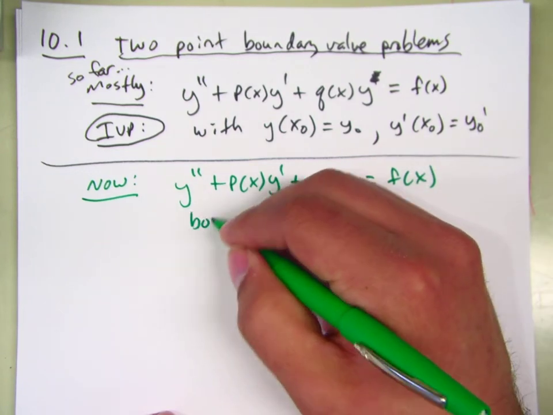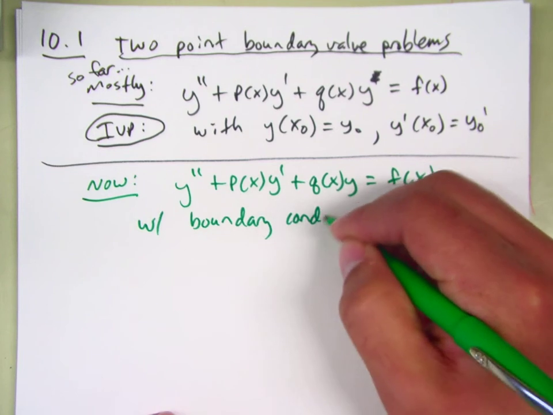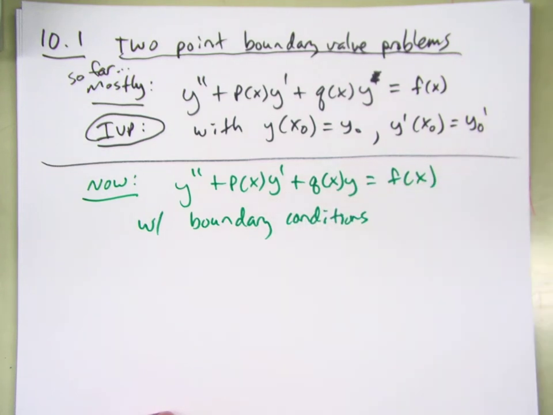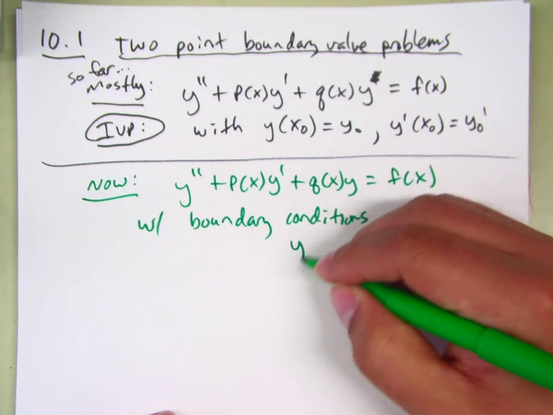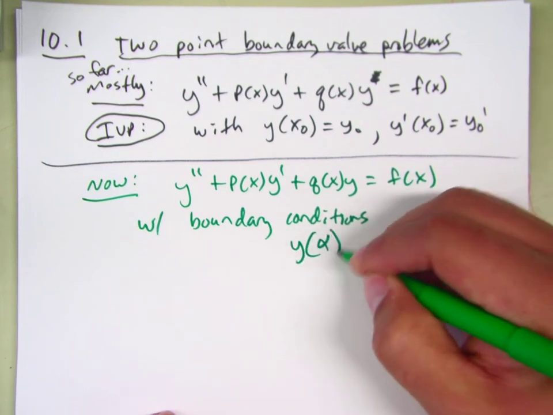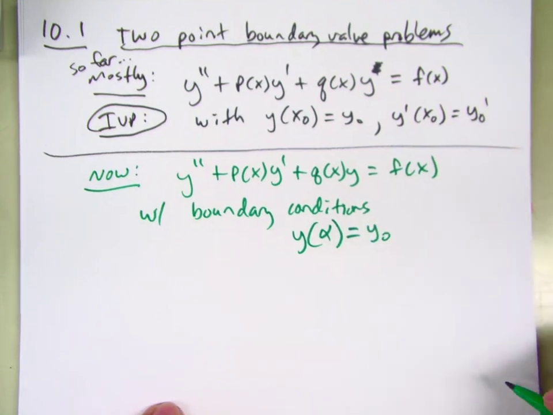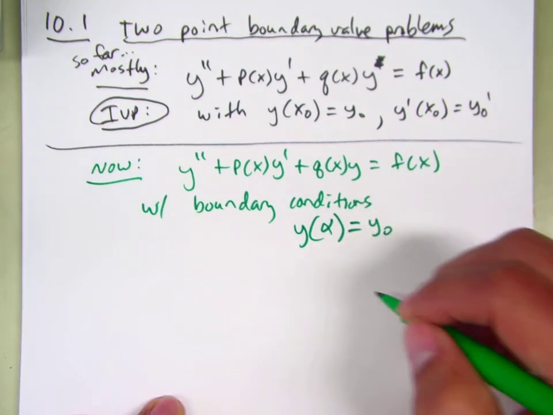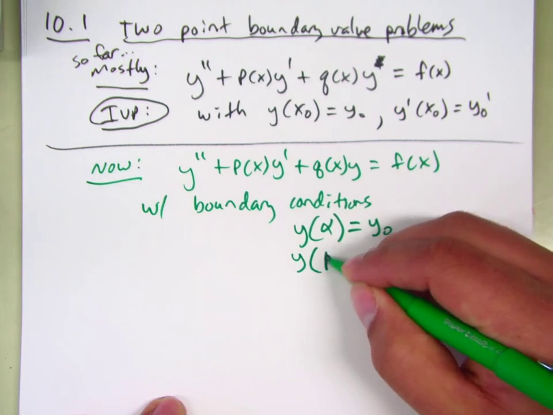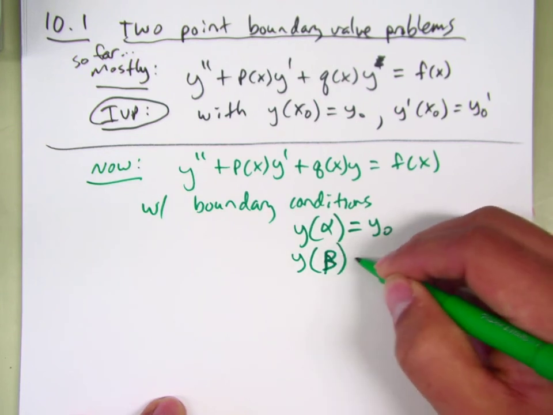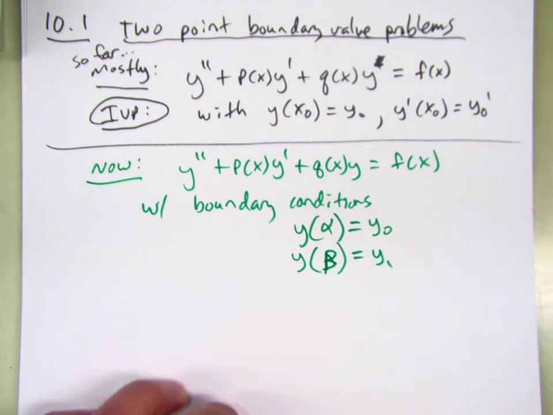But now we have boundary conditions. So y of some value alpha equals some y value, we'll call it y naught. I actually like this notation better. And then y of a different x value, let's say beta, equals some other y value, y1.